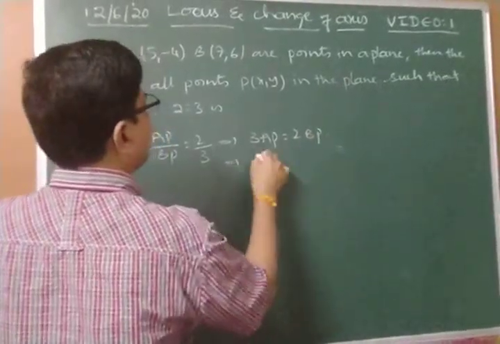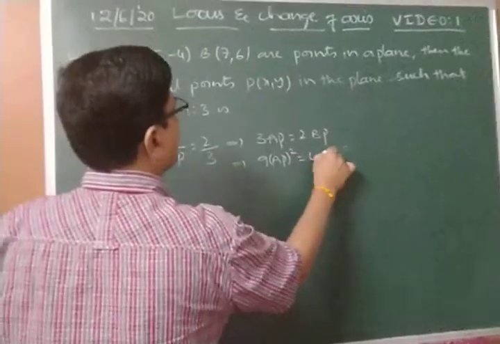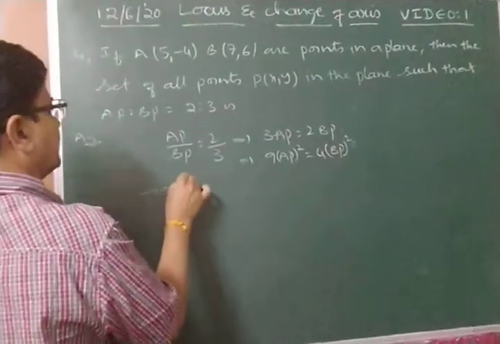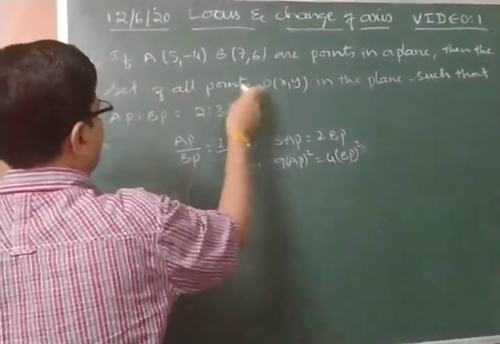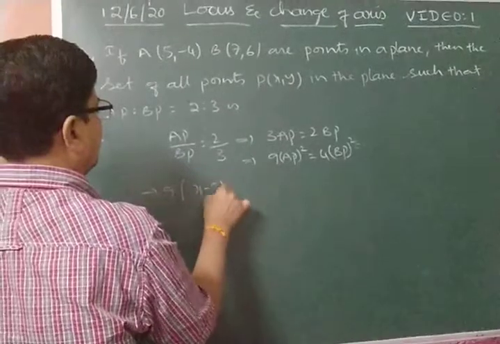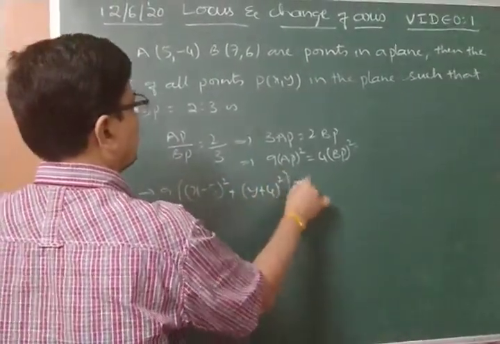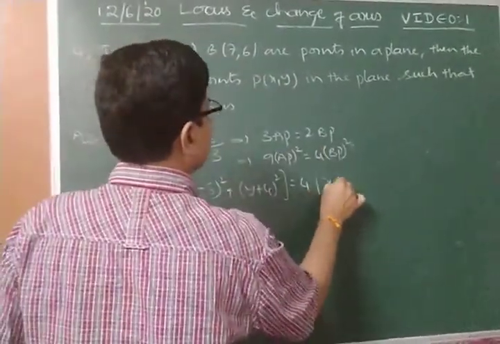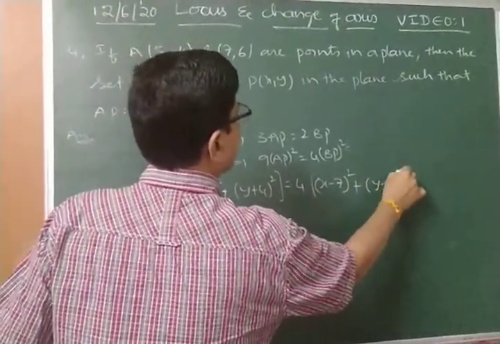That implies squaring on both sides, 9 AP square is equal to 4 into BP square. So 9 into AP square, means distance from A to P, that is (x minus 5) whole square plus (y plus 4) whole square, is equal to 4 into BP square, distance between these 2 points, (x minus 7) whole square plus (y minus 6) whole square.